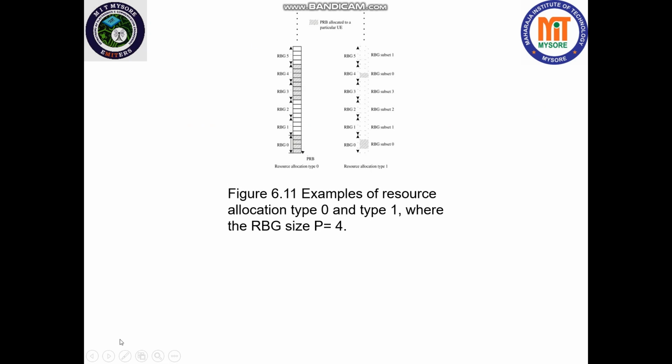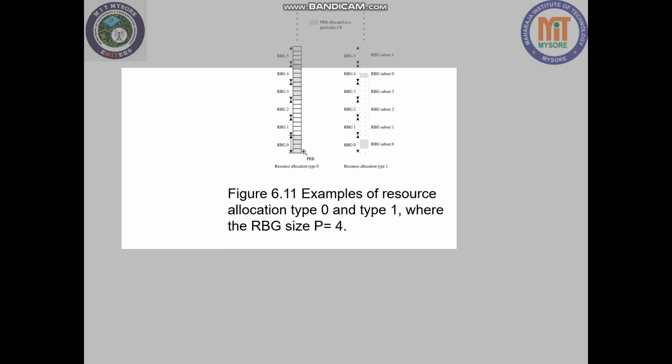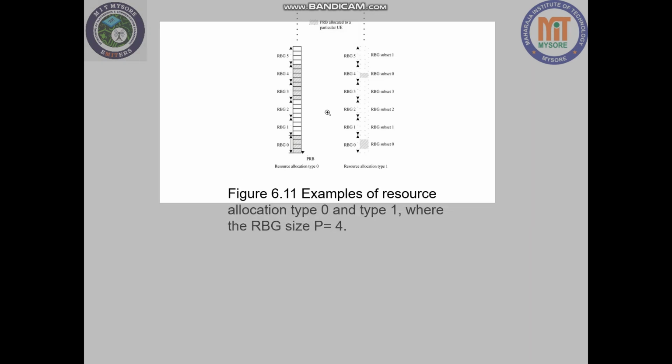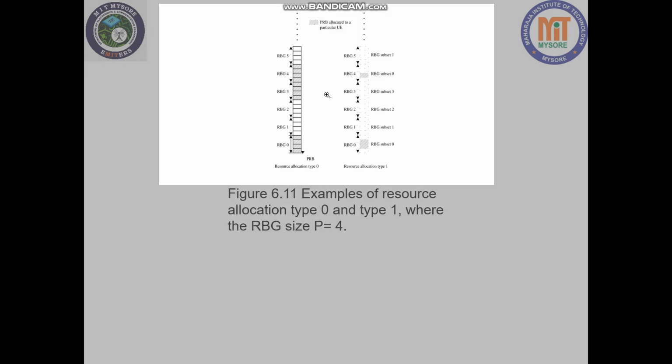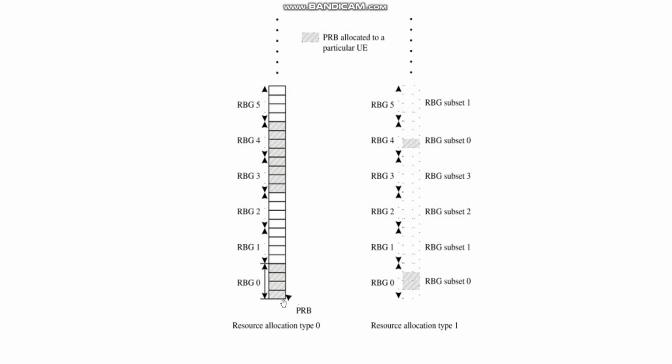See, for P equal to 4, that means 4 physical resource blocks, we are going to compare resource allocation type 0 and resource allocation type 1. In one group there will be around 4 physical resource blocks.